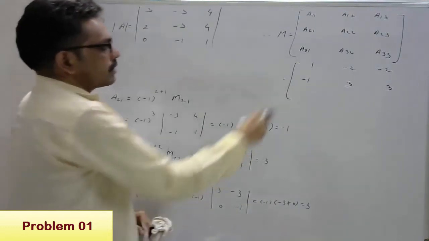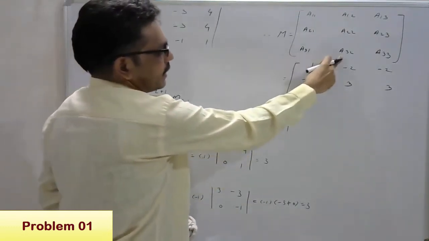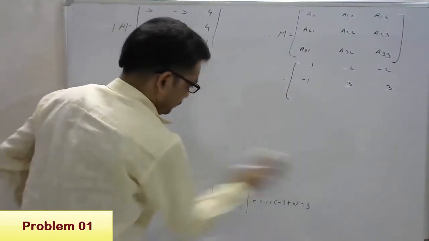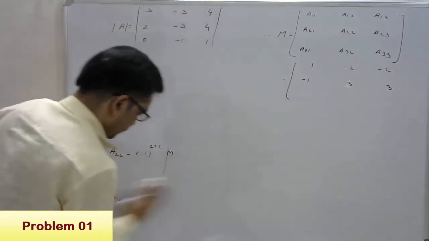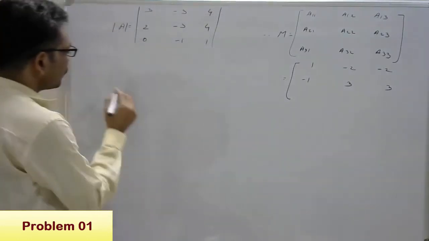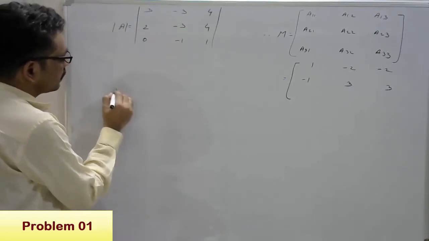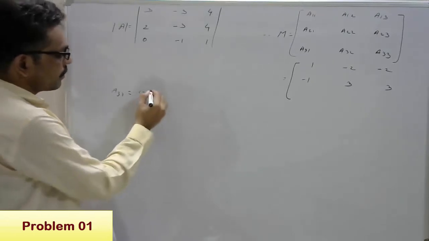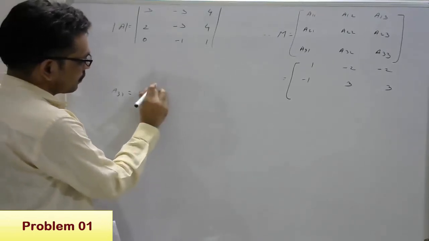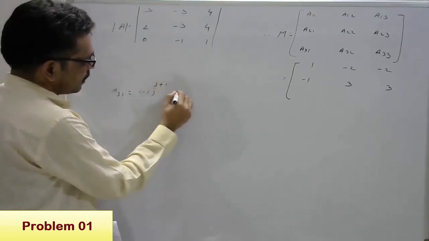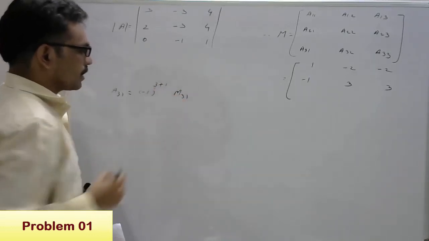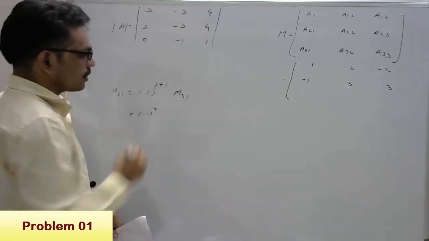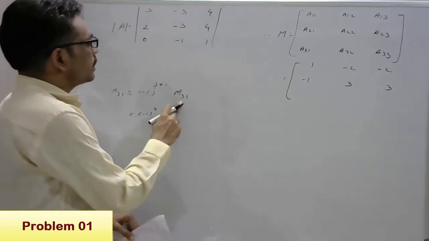Now to find the values of A31, A32 and A33. A31 is equal to minus 1 raised to 3 plus 1 into the minor M31, which is equal to minus 1 raised to 4 into the minor M31.